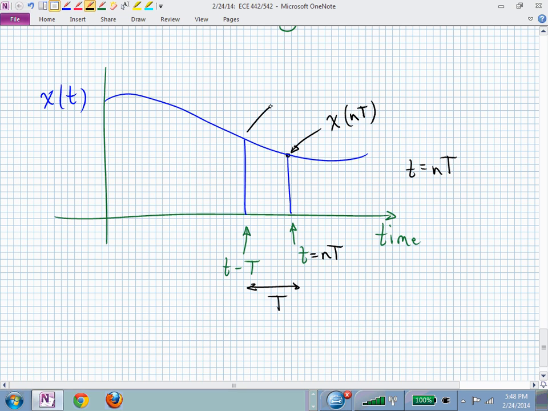This point is then one time sample before that, or this is the point x of n minus 1 times T.